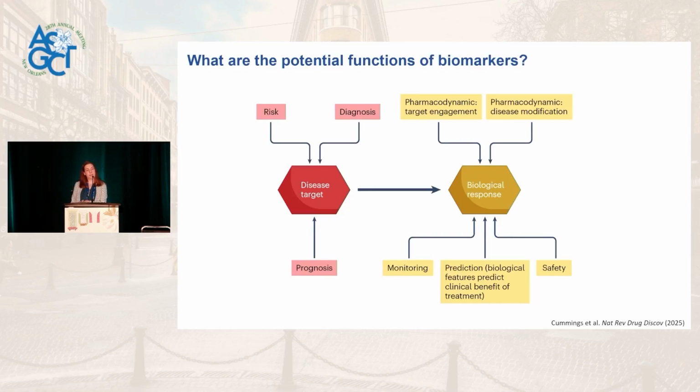And then when you think about a biologic response, is the drug that you're trying to develop actually engaging the target that you want? Is it modifying the disease? There are other biomarkers that we haven't talked about here that we use all the time in clinical trials, things like safety biomarkers to make sure that what we're giving to a patient is indeed well tolerated and safe.